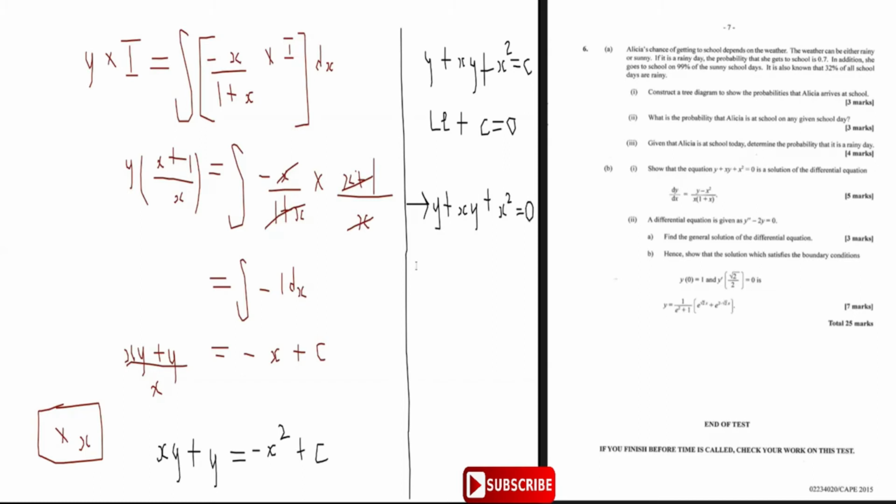So hence it is indeed a solution to the differential equation. Nice and easy, no issues whatsoever.